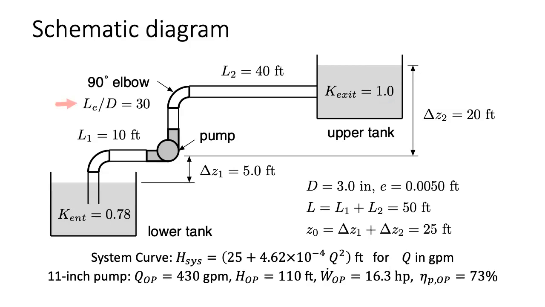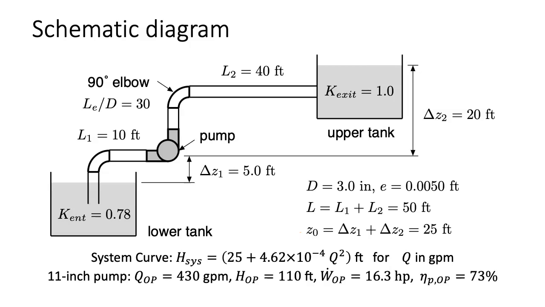For both of the elbows, the minor loss is given in terms of an equivalent length of straight piping. Note that the pipe has a diameter of 3 inches, a roughness of 0.0050 feet, and a total length of 50 feet. Also, the change in elevation of the water before the pump is 5 feet, and the change in elevation after the pump is 20 feet, so the total elevation change is 25 feet.